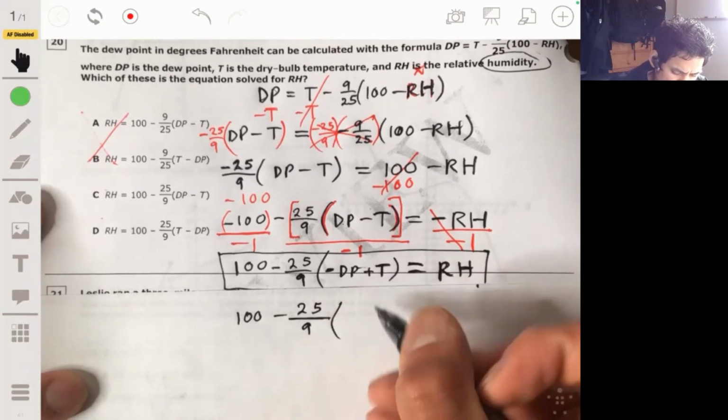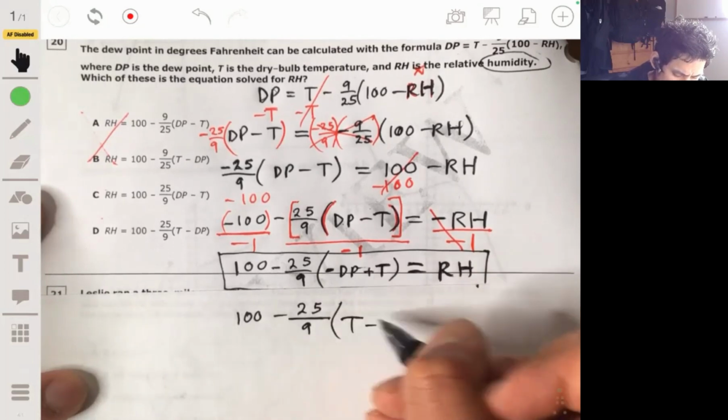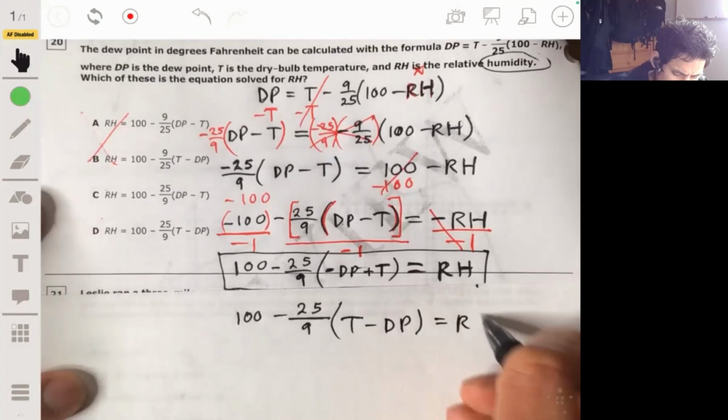Let's just rearrange that inside of the parentheses. T minus dP equals RH.